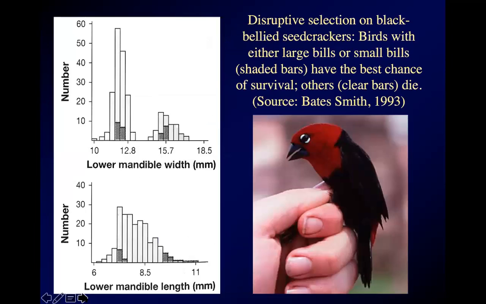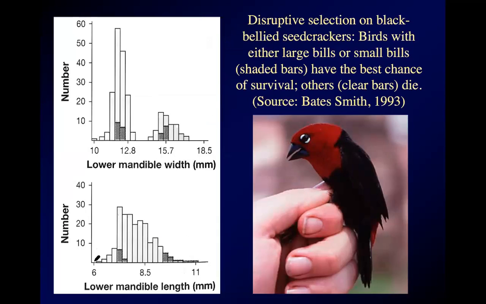And then disruptive selection, a great example of this came up in the 90s with work on, I believe this is an African bird called the black-bellied seed cracker. There's a black-bellied seed cracker. It's got a big bill and it cracks seeds. And look at this lower graph right here. That's a graph of lower mandible length.